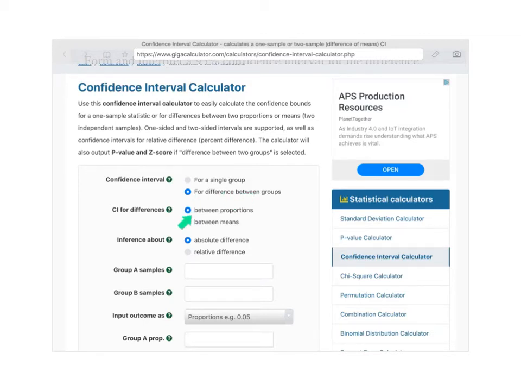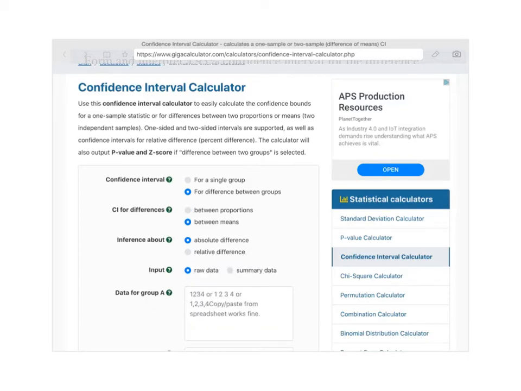And it opens this. And so are we looking for the difference between proportions or means? I'm going to say for means. And we're going to go ahead and leave it as absolute difference. Relative means percentage difference. We're not interested in the percentage difference. We're interested in what's the actual weight loss difference.